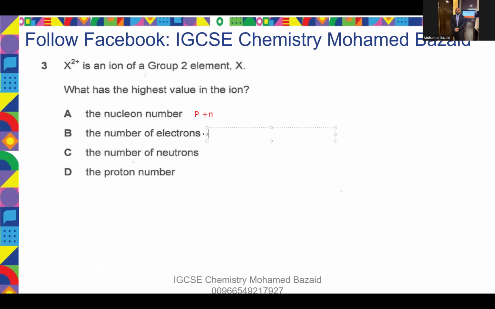In the ion, the number of electrons decreases by 2 because the charge is 2+, so the number of electrons equals the number of protons minus 2. Or the number of neutrons alone, or the number of protons alone? The highest value is the sum of protons and neutrons, which is letter A. So the answer to number 3 is letter A.